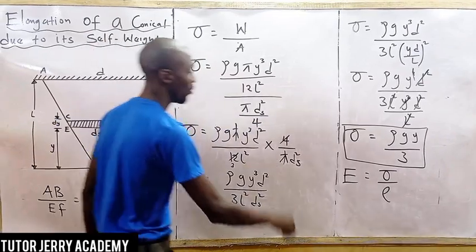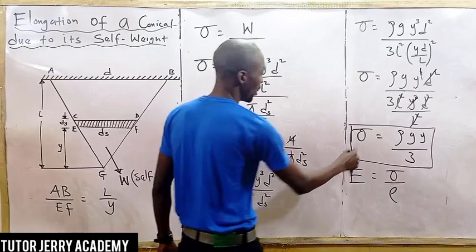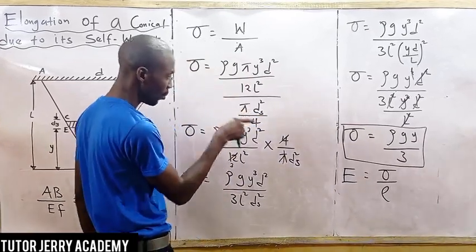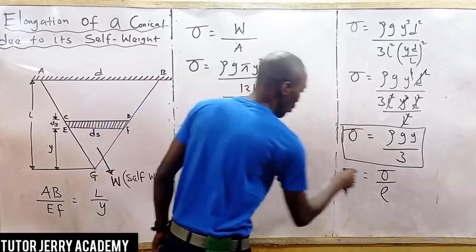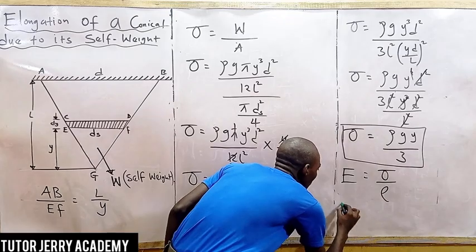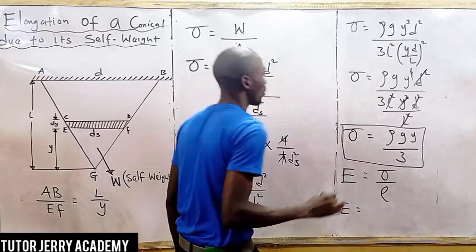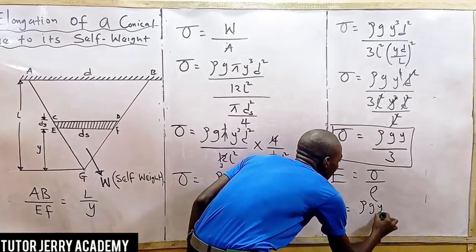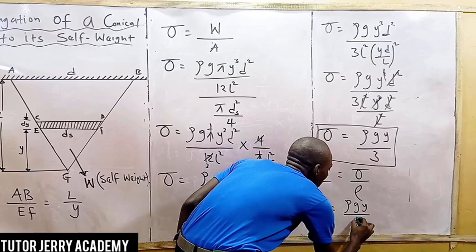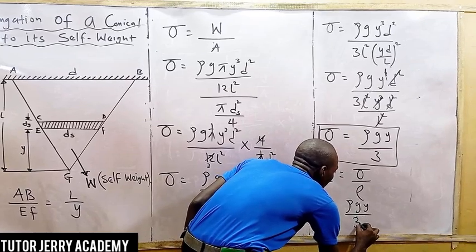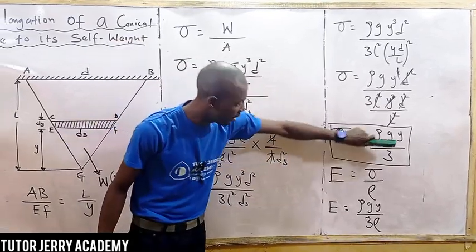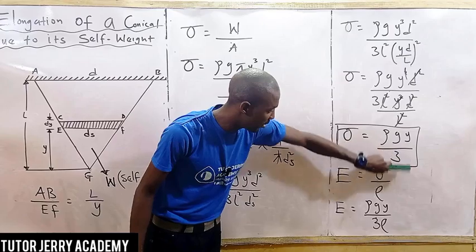Now from here, we can substitute our stress. Once we get our stress, put it there. This will be equals to density, gravity, y all over 3, all over strain, and E over 3 will go down.